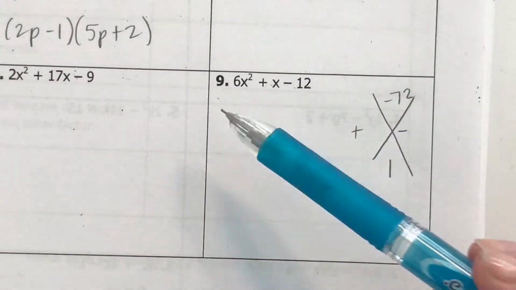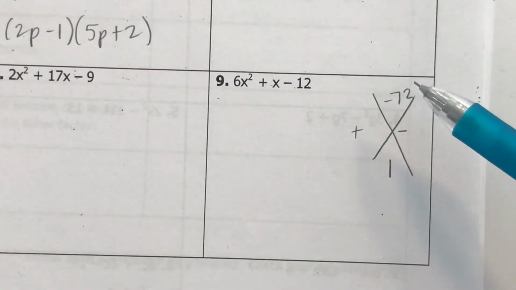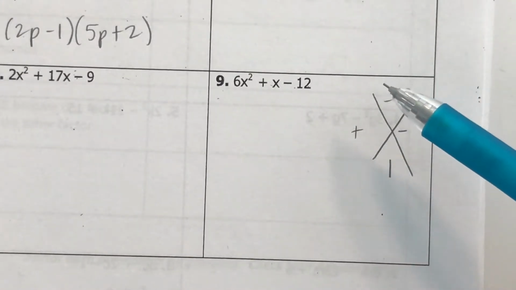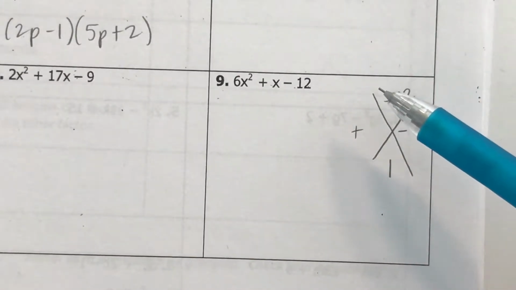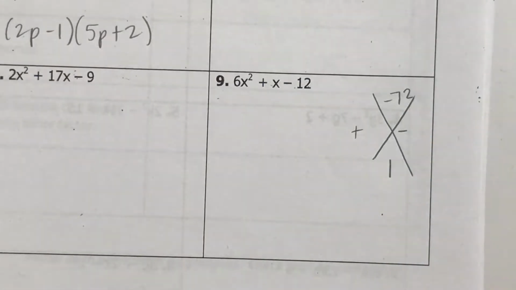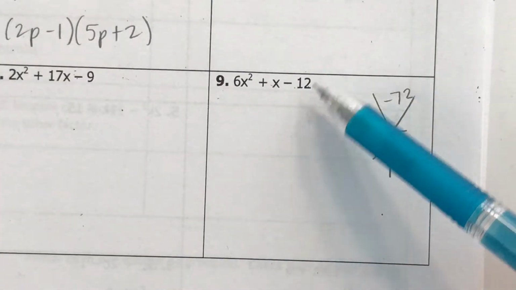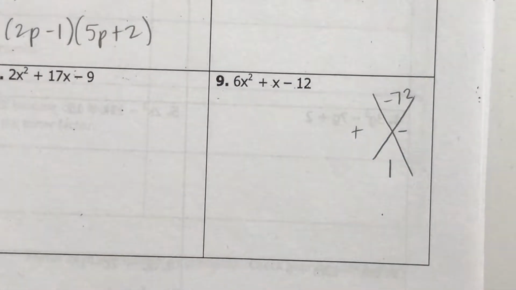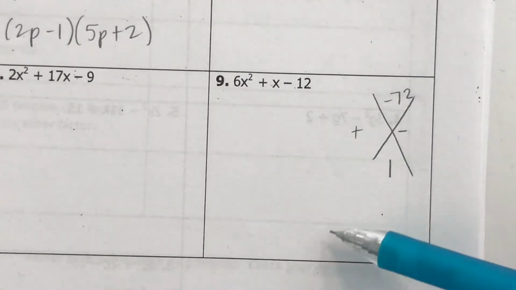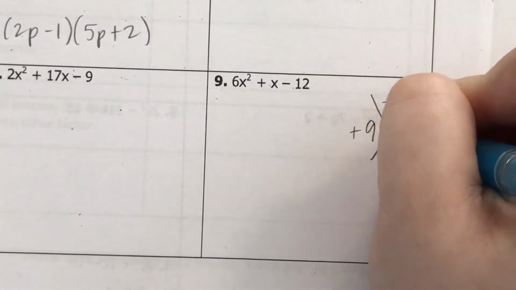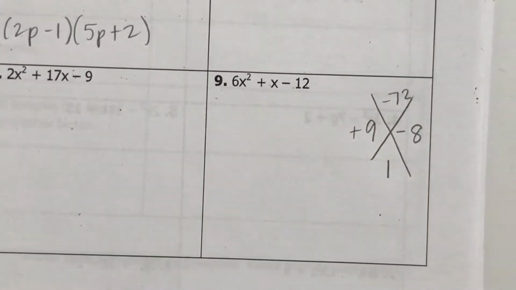We've got 1 times 72, 2 times 36, 3 times 24, 4 times 18, 6 times 12, 8 times 9. I think 8 and 9 will work because 9 minus 8 is 1. Okay, so 8 and 9.